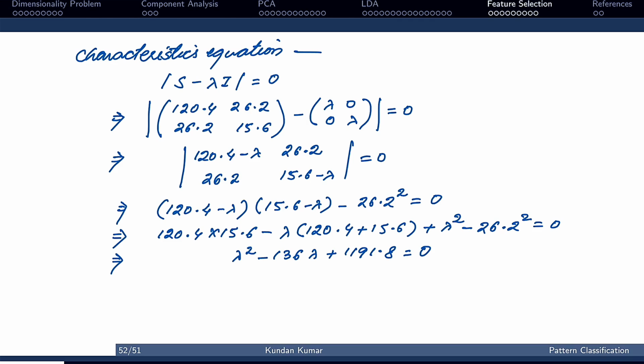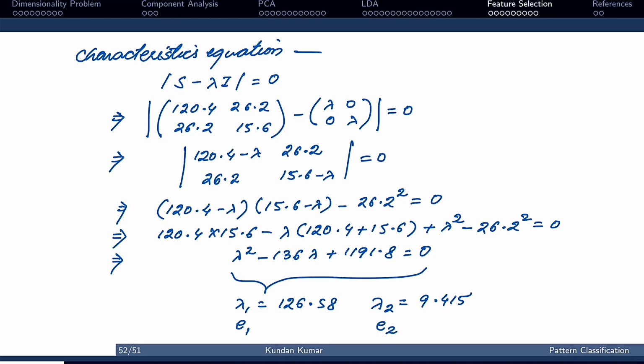When you solve this quadratic equation, you will find the two eigenvalues as lambda 1 equal to 126.58 and the other eigenvalue 9.415.